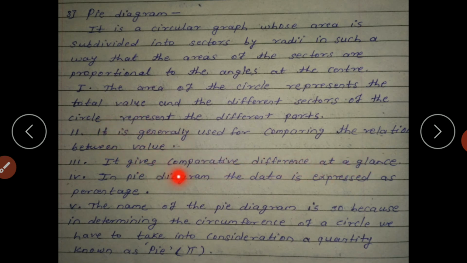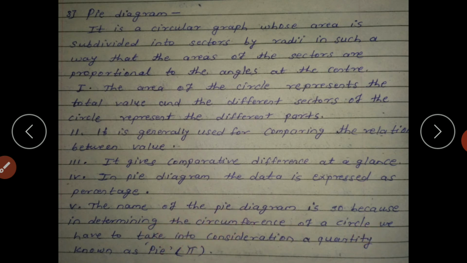Then in a pie diagram the data is expressed as percentage. So whatever information we have, we have to convert it into percentage form, and then we can use this percentage data to represent our pie diagram. The name of the pie diagram is so, because in determining the circumference of a circle we have to take into consideration a quantity known as pi.